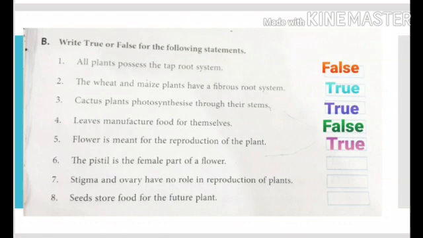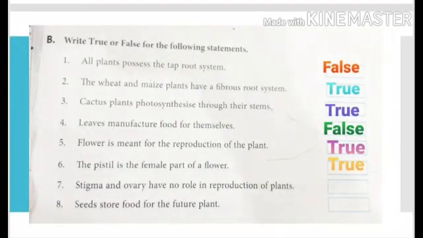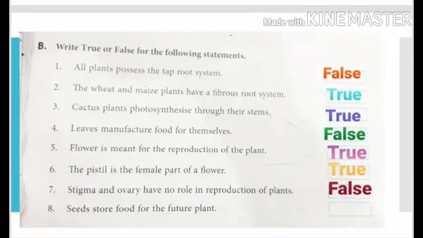Next one, flower is meant for the reproduction of the plant. Yes, statement is true. Flowers help in the reproduction of the plant. Number 6, the pistil is the female part of the flower. Yes, very correct. Statement is true. Next, stigma and ovary have no role in reproduction of plants.